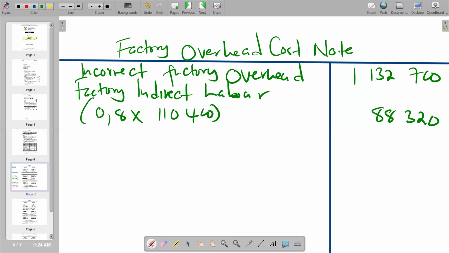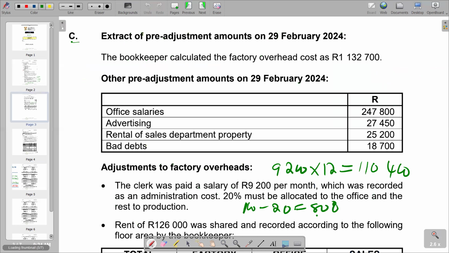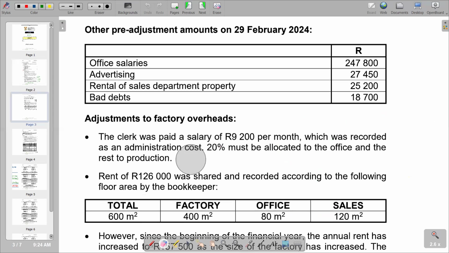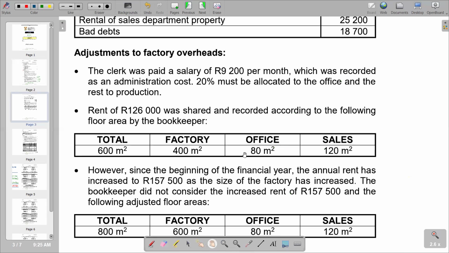And then we go to the next adjustment. We have the second point, which is rent of 156,000 rands was shared and recorded according to the following floor area by the bookkeeper. So we're given the floor area.